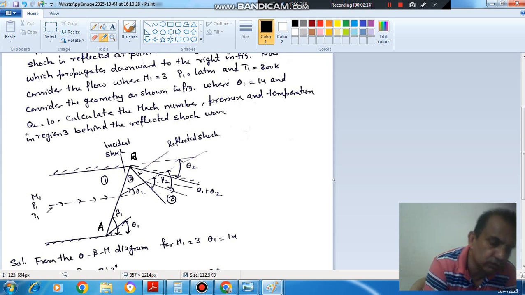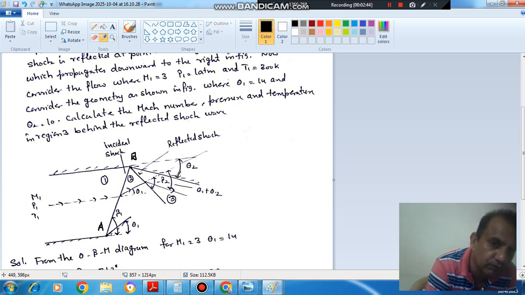So this is the flow in region 1, and first it will get a deflection of angle theta 1. After the incident shock wave and the reflected shock wave, it will get a deflection of angle theta 1 plus theta 2, because this wall is bent by an angle theta 2 downward. When it is not bent, this angle and this angle would be the same, but now it is bent.